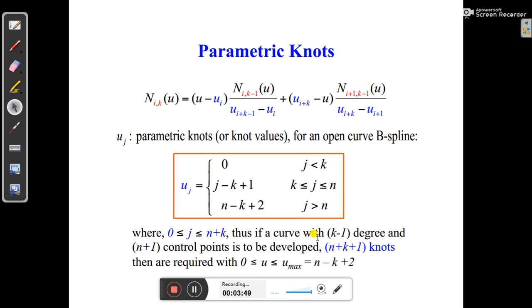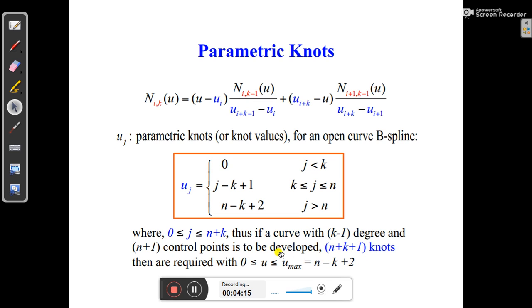Thus suppose the curve has degree k minus 1 and n plus 1 control points. So the degree is k minus 1, and the number of knots to be developed is n plus k plus 1. So we need to develop n plus k plus 1 knots.